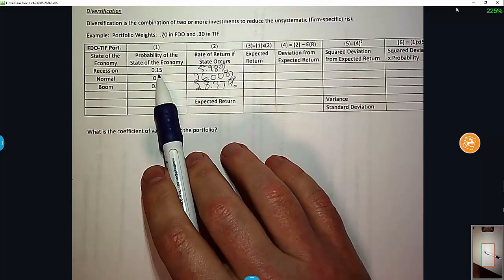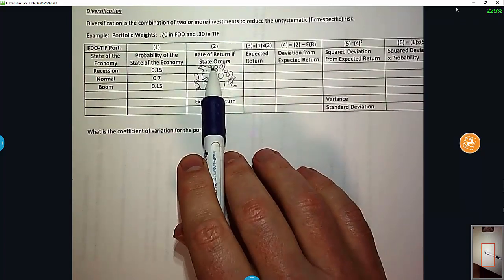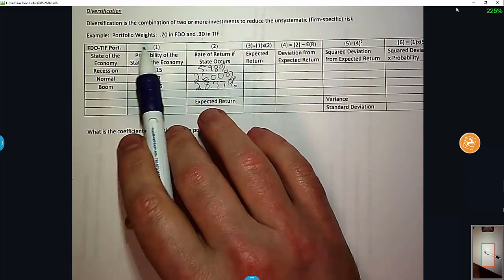We're going to multiply the probability of the state of the economy by the rate of return for our new portfolio if that state occurs. So I'm going to take 0.15 multiplied by 0.0598 to get 0.00897.